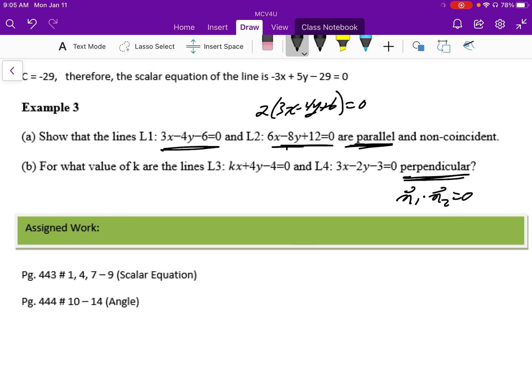If the lines are perpendicular, then the normals are perpendicular, so the dot product of the normals has to be 0. So k, 4 dotted with 3, negative 2 has to equal 0. So 3k minus 8 equals 0, or k is equal to 8 over 3.